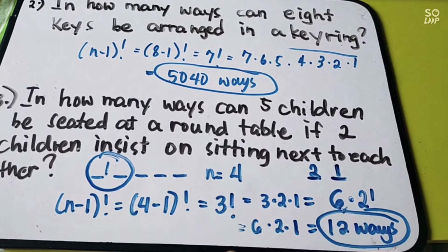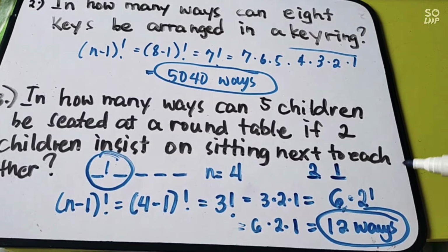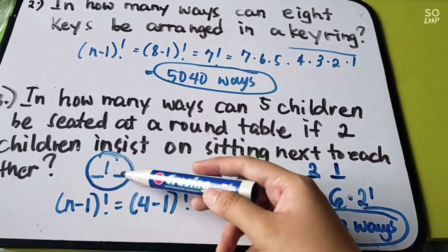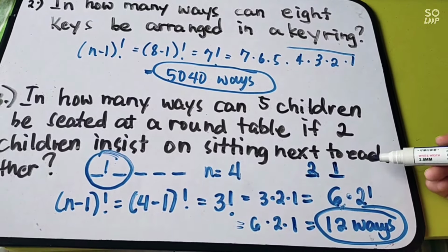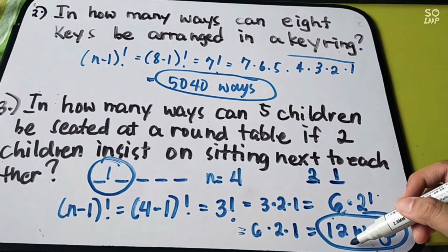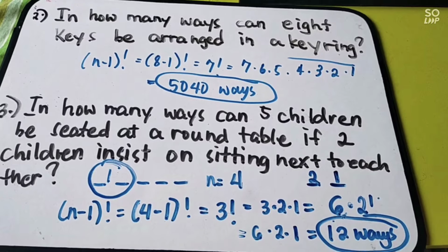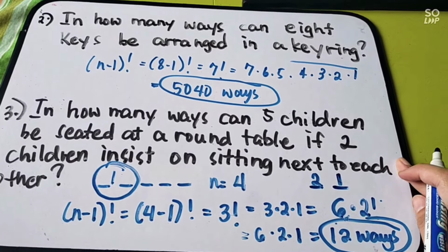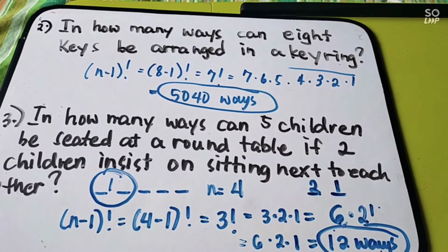Kaya, imumultiply mo pa ulit yung kanyang permutation kay 6. So, ang permutation ng dalawang bata is 2 times 1 or 2 factorial, then multiply it into 6. The answer is 12 ways. Is it clear? So, that is circular permutation. Let's move with the last kind of permutation.